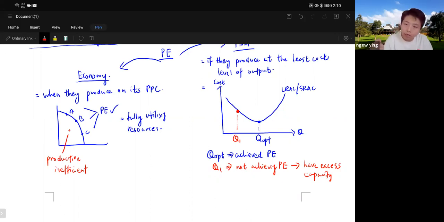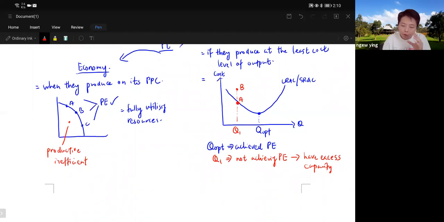Okay, now let's compare. At Q1 at point A, and if we compare at Q1 at point B, point A shows the lowest cost firms can achieve if they produce at Q1.